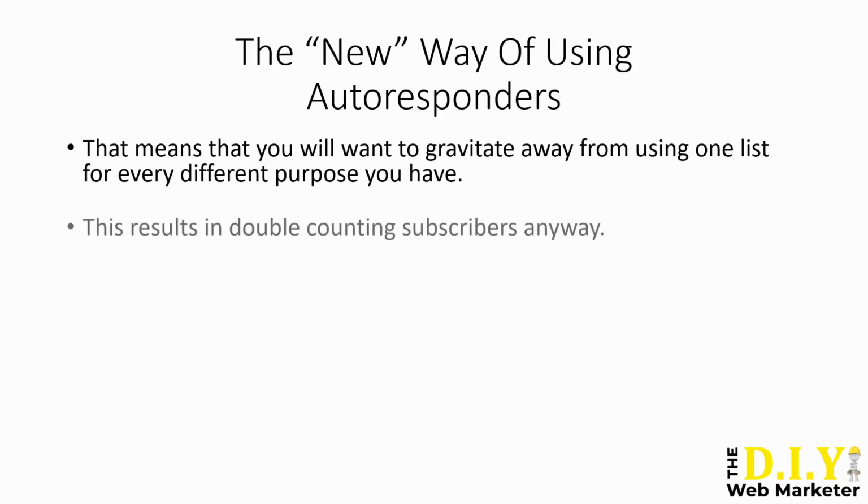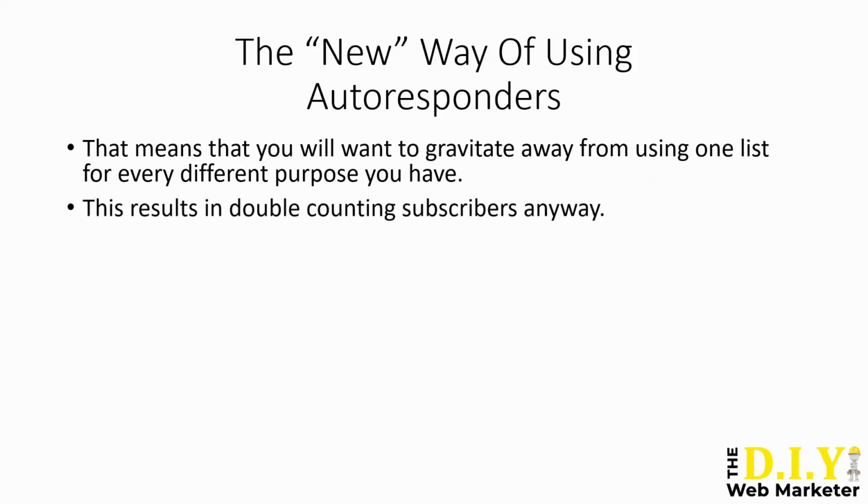What you do want to do is make sure, again, that you're using tags, because you may have found that when you have one list for one purpose and another list for another purpose, what you're doing is double counting. You can have the same people on different lists, and you're adding up your subscriber count when really you don't have a true subscriber count. You are double counting in different lists.